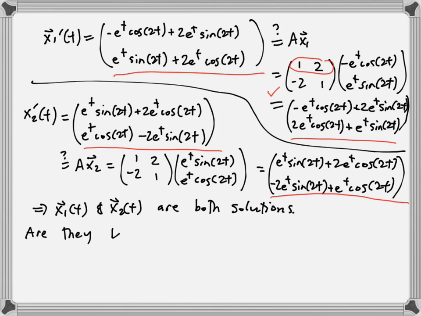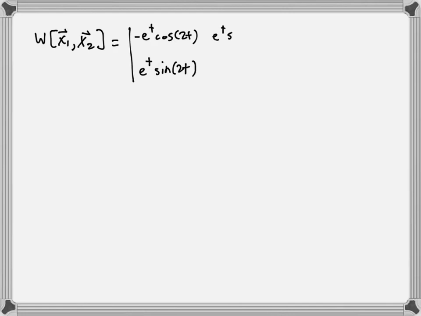Let's see. We need to use the only way we know how, right? Use the Wronskian. So what is the Wronskian of x1, x2? It's going to be the determinant of, all we do is put the solutions as columns in our matrix. So this is our x1, and this is our x2, and then we're taking the determinant of that.